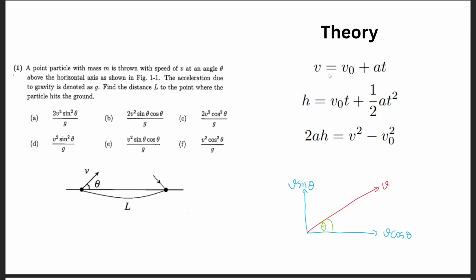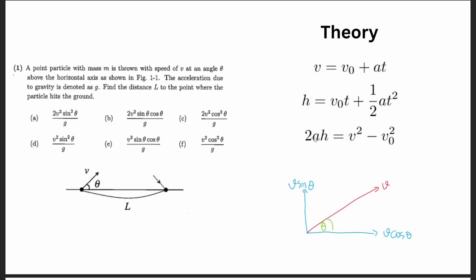The first equation is v is equal to the initial velocity plus at, and the distance is just the integral of v with respect to time. So the integral of v naught with respect to time is v naught t, and the integral of at with respect to time is a half times at squared.